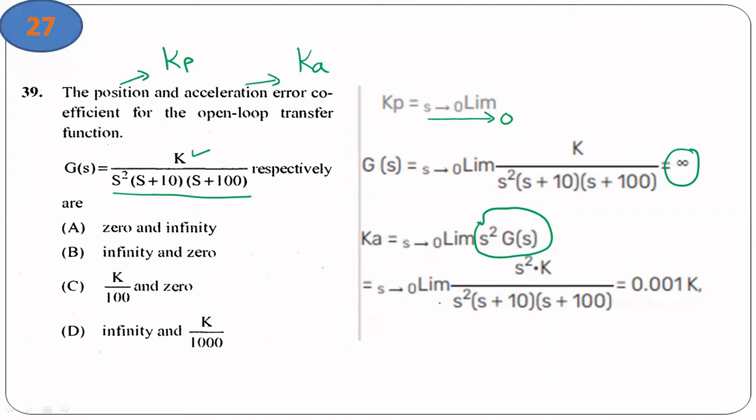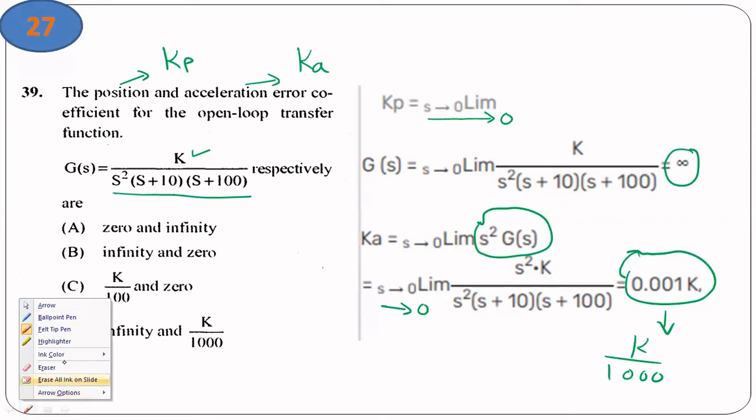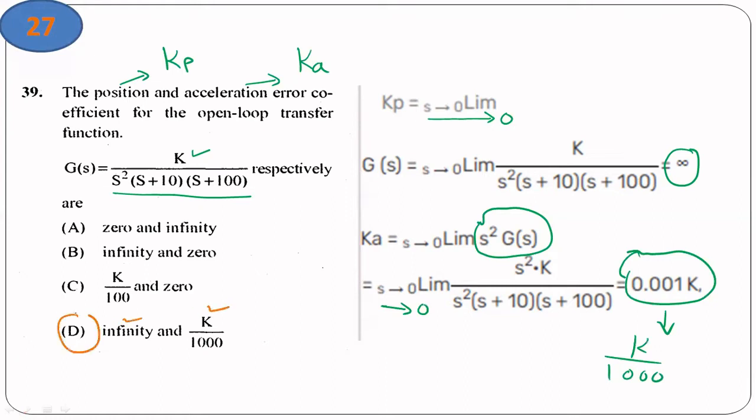If we solve for this by again letting s limit to 0, we should get the solution as 0.001k, which is nothing but k divided by 1000. So from the available options, we can see that the values of Kp and Ka are infinity and k over 1000. So option B is the answer for this question.